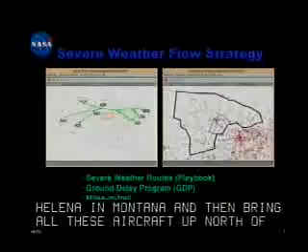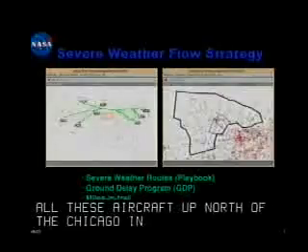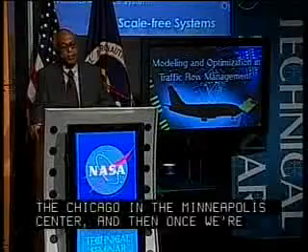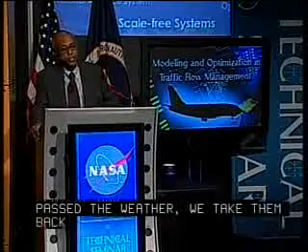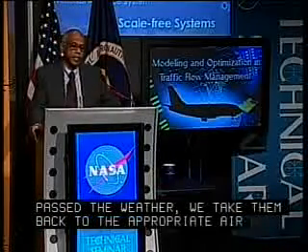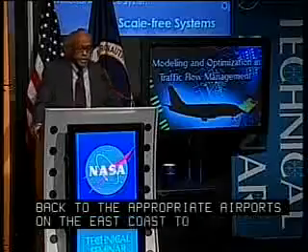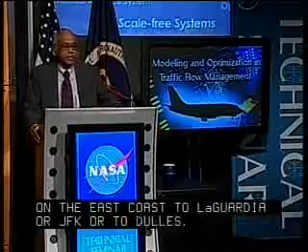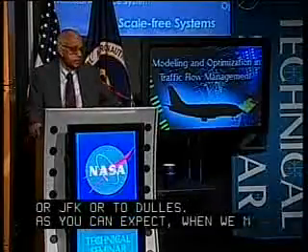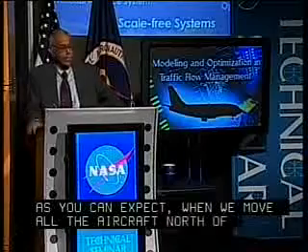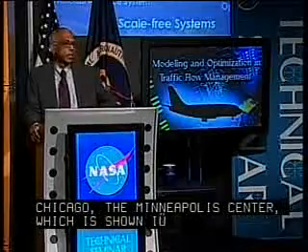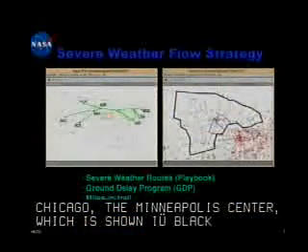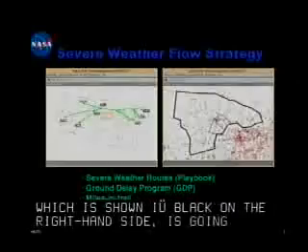And then once we are past the weather, we take them back to the appropriate airports on the East Coast, to LaGuardia or JFK or to Dallas. Now, as you can expect, when we move all the aircraft north of Chicago, the Minneapolis center, which is shown in black on the right-hand side, is going to feel the burden of a lot of extra traffic, causing congestion.